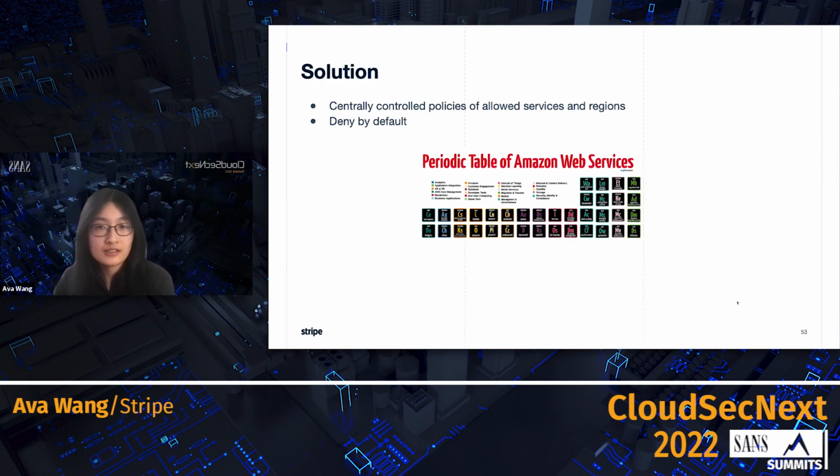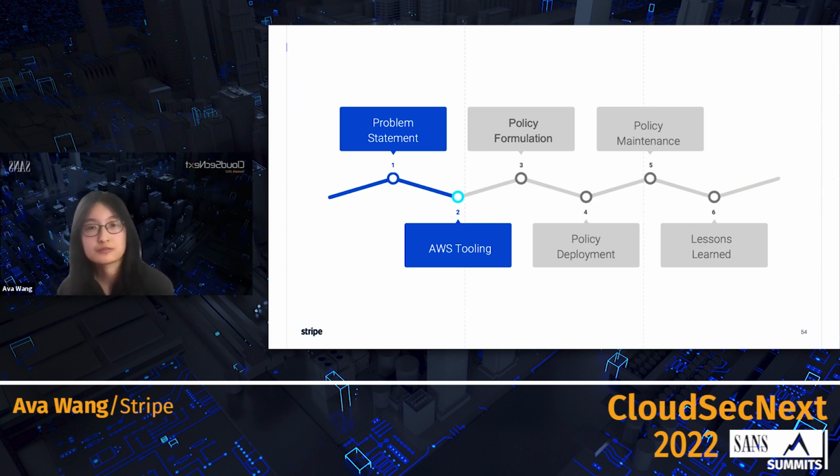As you can see, this reduces the set of configurations and services we have to worry about, and instead of the allow by default paradigm, we switch to the deny by default paradigm. With the solution of reducing the attack surface in mind, we can discuss the AWS tooling available and how to use this free tooling to centrally restrict access.